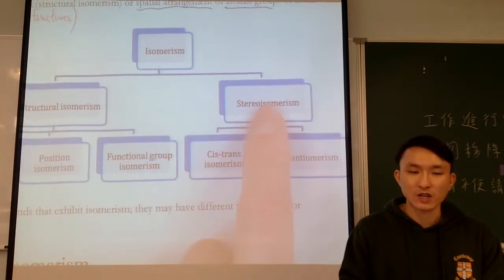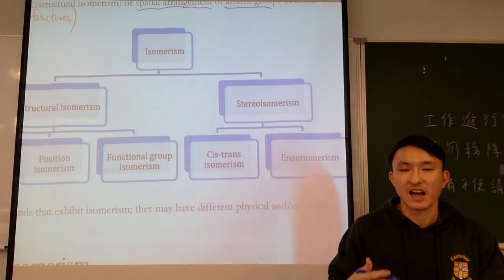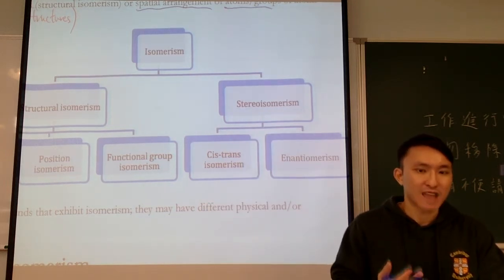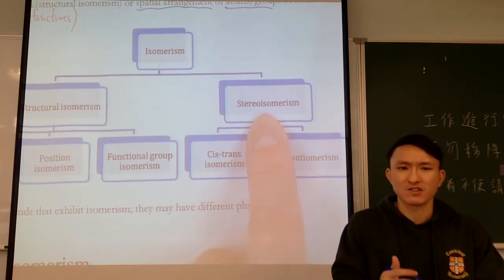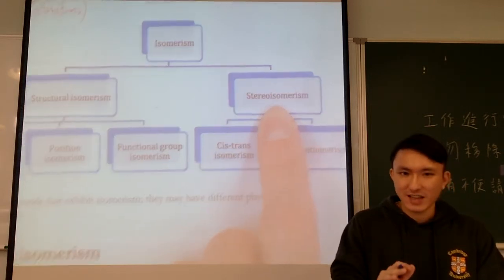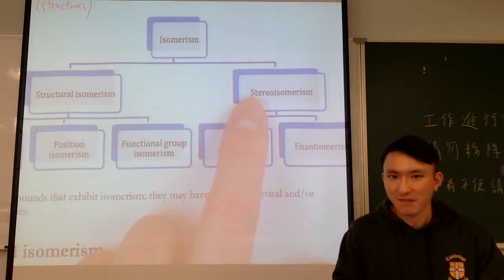If the structure is the same, but there is some difference in the arrangement of atoms in three-dimensional space, then we will call this one stereoisomerism. Now, at this moment, you still may not understand what you mean by three-dimensional arrangement. Let's say this one is related to the structures and this one is not related to the structure, okay?